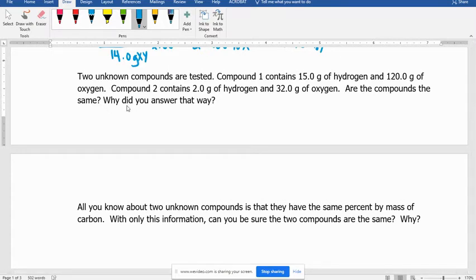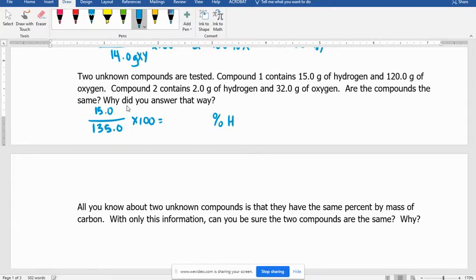So if we look at our parts over the whole, the first one, if we look at the hydrogen, we could do 15.0 over, and our whole amount would be 135 times 100, and that's going to give us our percent hydrogen.